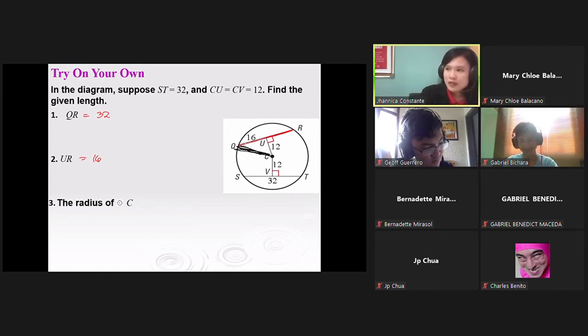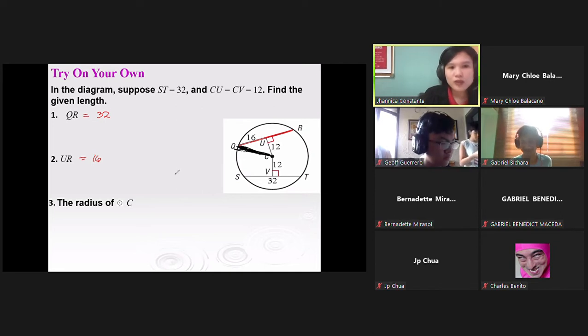Since we're going to find the measurement of this radius, we can apply the Pythagorean theorem, since we have a right triangle in our circle.